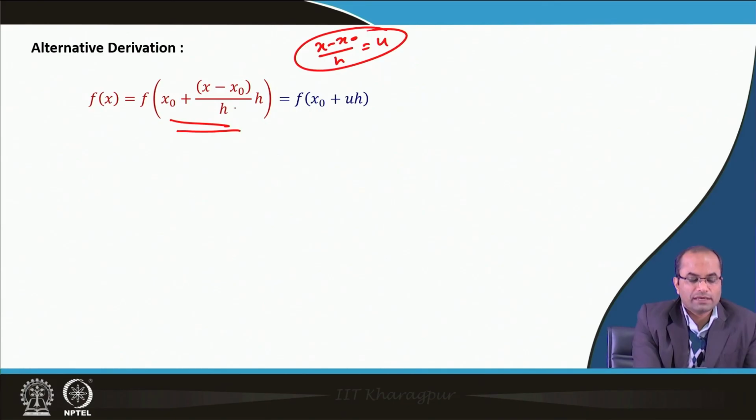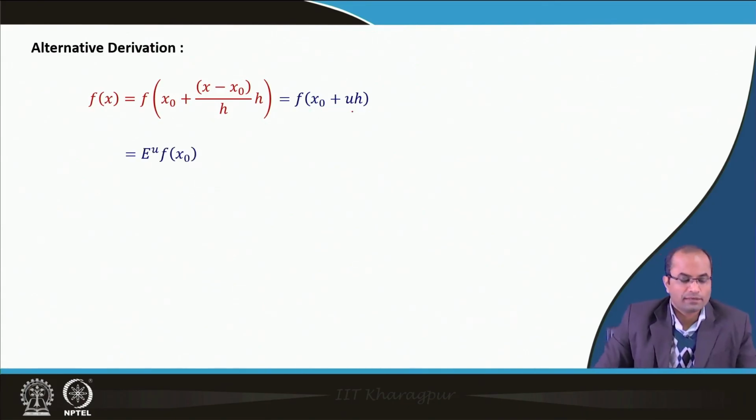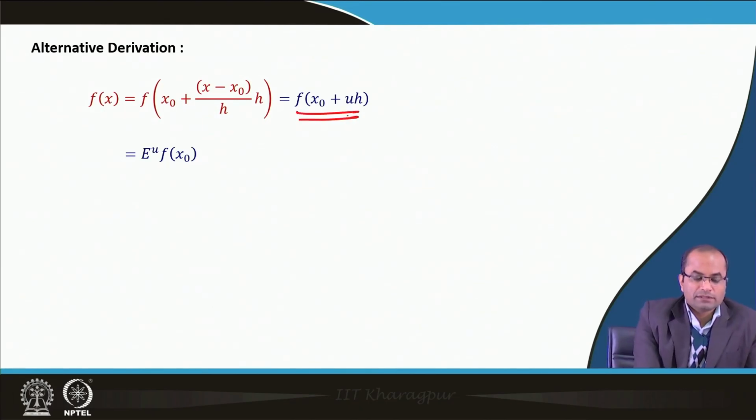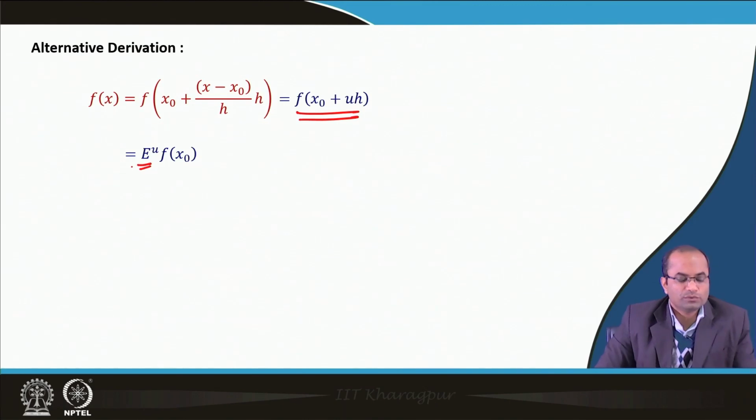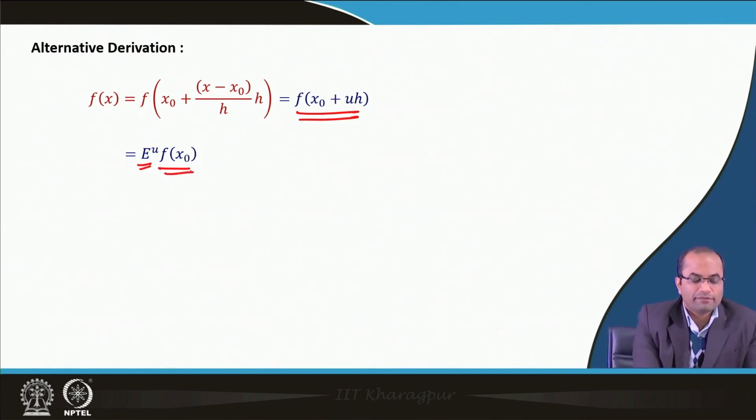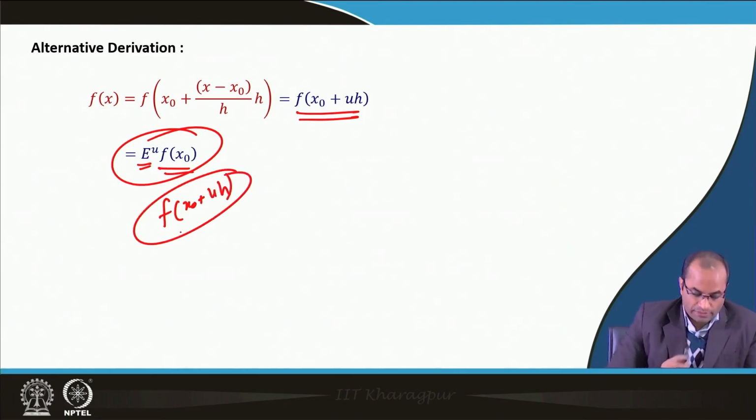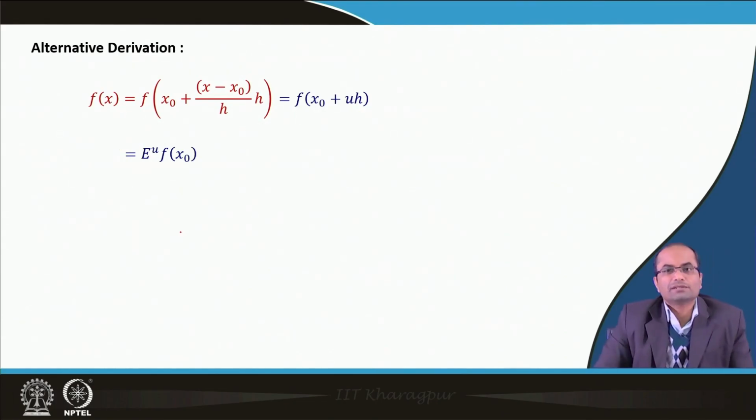So, taking this, we have this one, x naught plus u h. By this shift operator, we can say it is an E operator, this u times, so E power u and f x naught, because this was exactly what we have learned there, that this value will be x naught plus this u times h.